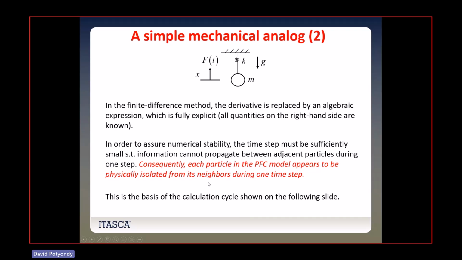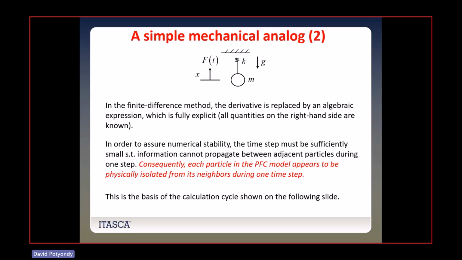And this is just in words talking about what I said before, this idea that waves have to propagate through the system, so you basically have to have that go during a time step from one particle to the next. Because think about it, if I have a big assembly of sand grains and I push down on one at the top, eventually the one on the bottom is going to feel the effect.